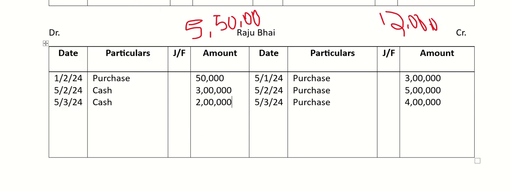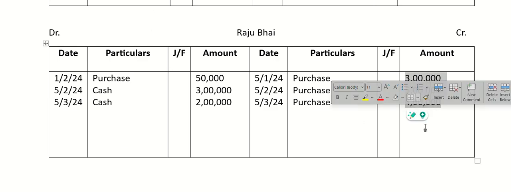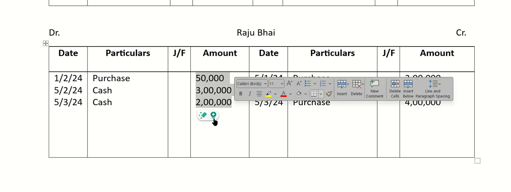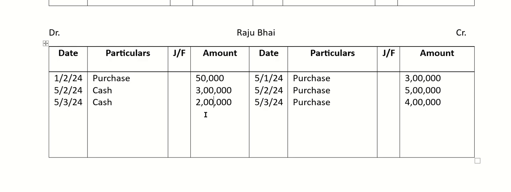So this account has given us the information that we have 6 lakh 50,000 pending to be paid to whom? Raju Bhai. Remember, it is the amount we have to pay him. This side is small, and the total of this side is 12 lakh, but the total of this side is just 5 lakh 50,000.